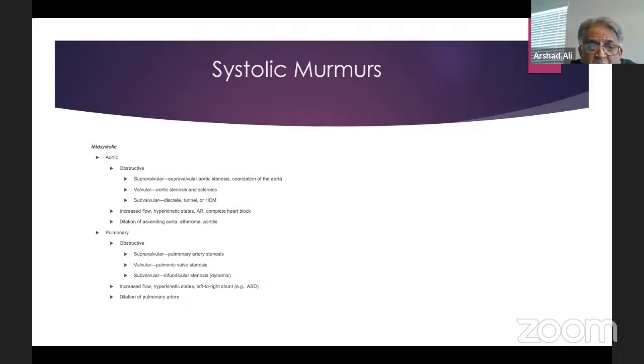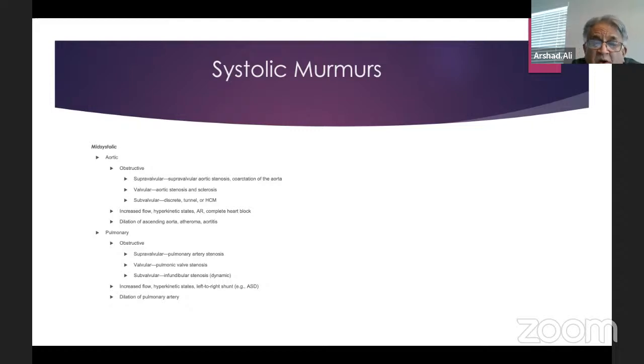Other conditions are any type of hyperdynamic state, like increased flow because of fever, or aortic regurgitation. It's a systolic murmur, but you hear it in aortic regurgitation because there's a hyperdynamic flow, a lot of blood flowing across the valve.